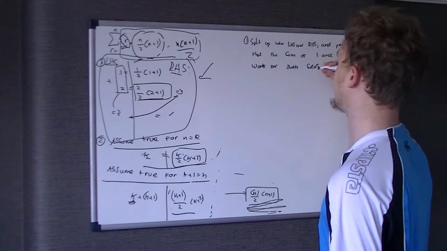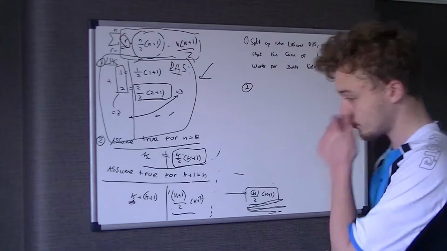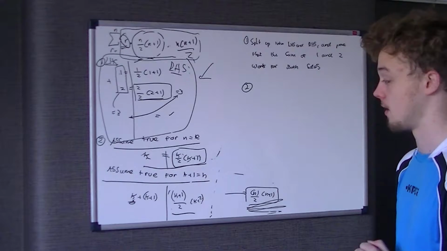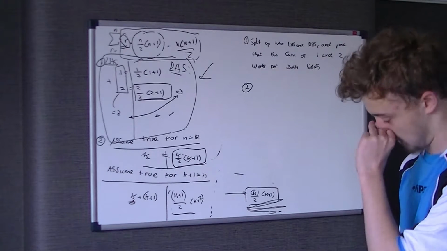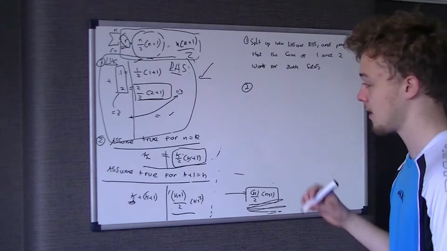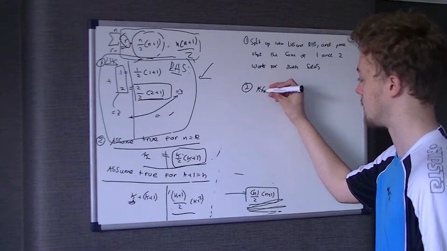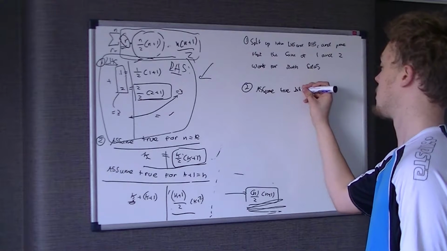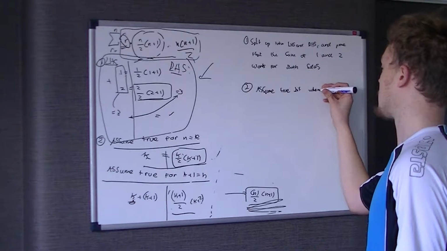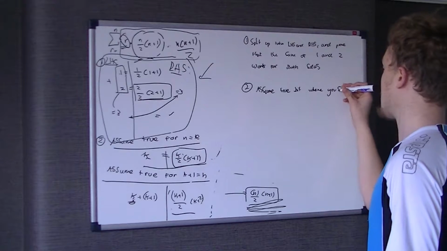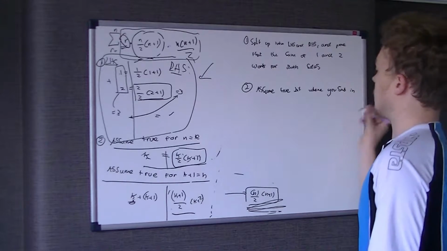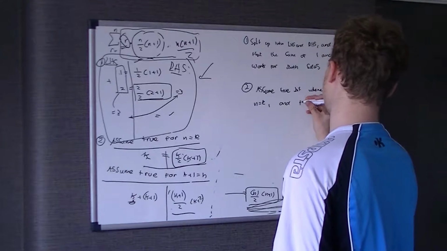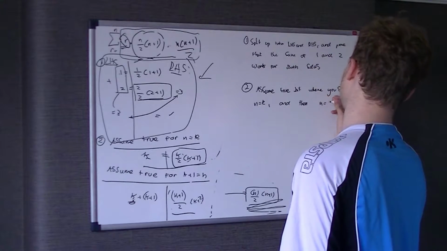The second step is: assume true for n equals k, and therefore n equals k plus 1. I'm just going to label it as the assume true bit, where you sub in n equals k and then n equals k plus 1.